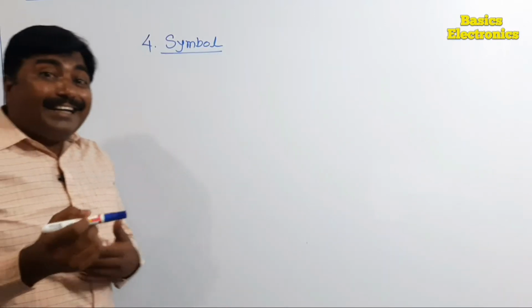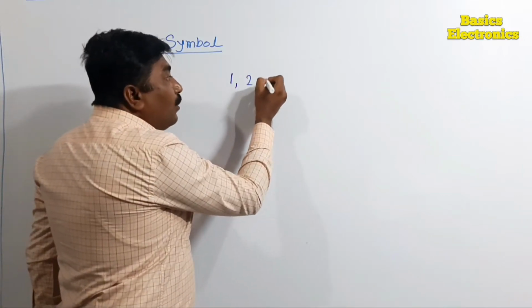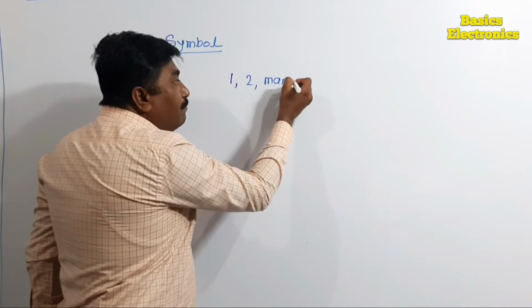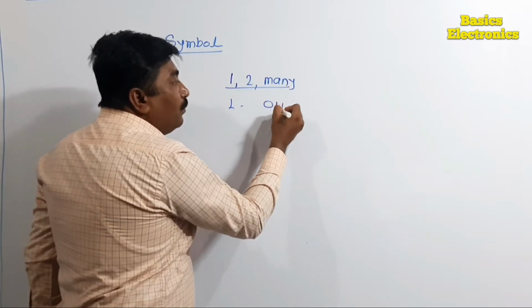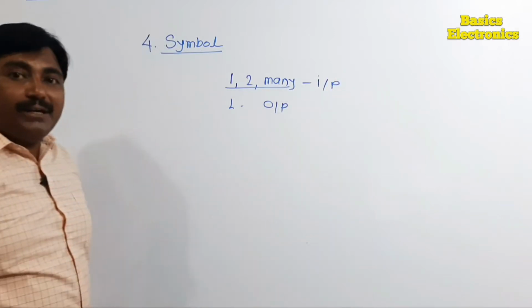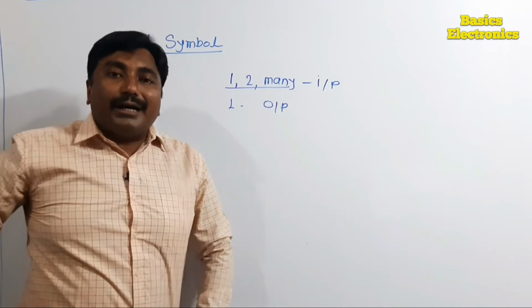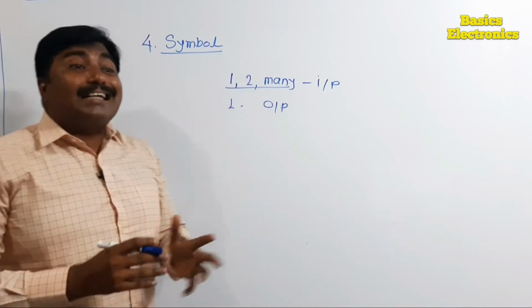It is an electronic circuit having one or two or many inputs and only one output. The output is only one and inputs may be many, inputs may be one or inputs may be two. Okay, so here it is an AND circuit.